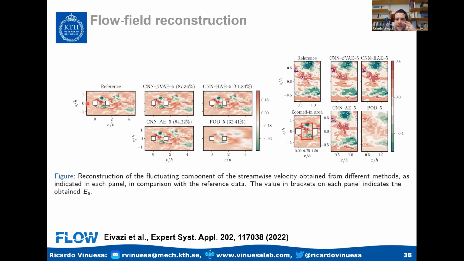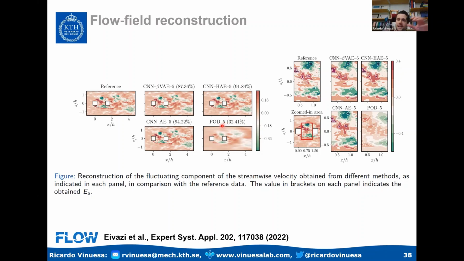This is the reference. Red and green are high and low velocity fluctuations. And I'm going to look at a reconstruction from 5 modes. So on the bottom right corner, I have the reconstruction from 5 POD modes, which basically gives me back 32% of the energy. It's a very low reconstruction. And the 3 autoencoder-based approaches that I described before give me around 90% of the energy being reconstructed.